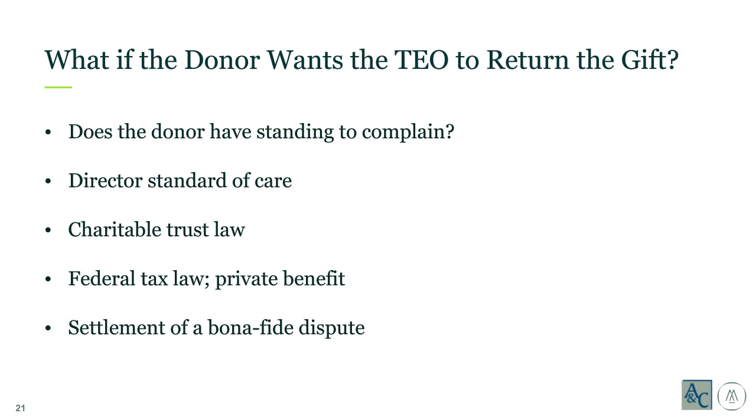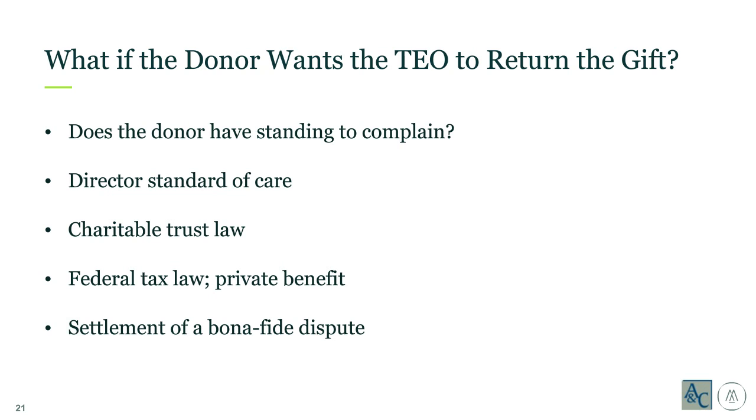It may be that they learned after the fact that they weren't going to get the tax benefits they expected. Sometimes it's a matter of them having given the wrong asset, maybe the wrong block of stock, a block of stock with a higher basis rather than a lower basis, or with a different holding period, and they want to swap it out for the correct asset.